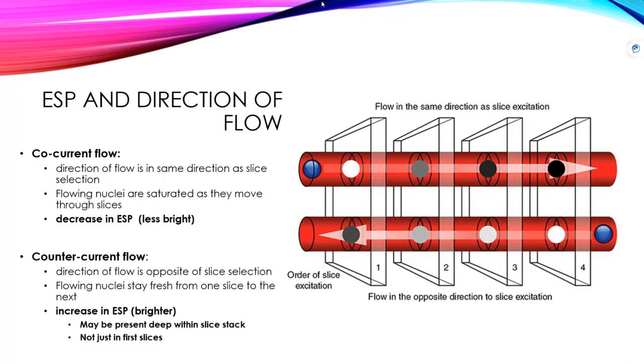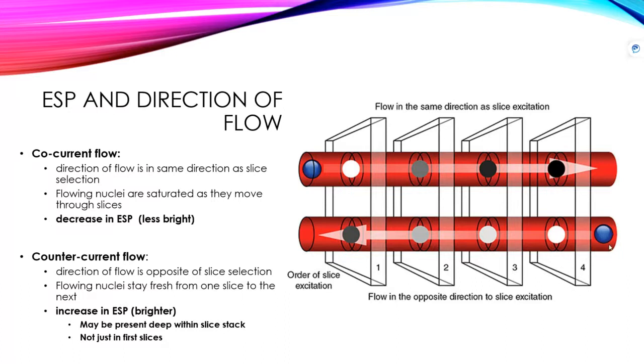So if you look at this diagram on your slide, as you're looking at the images, you can see that the direction of flow on this lower vessel is like the inferior vena cava. So therefore, if the most inferior slice is this one, slice 4, which on your image in the book says slice 1, but for our purposes, let's assume that the lowest most image is slice 4.